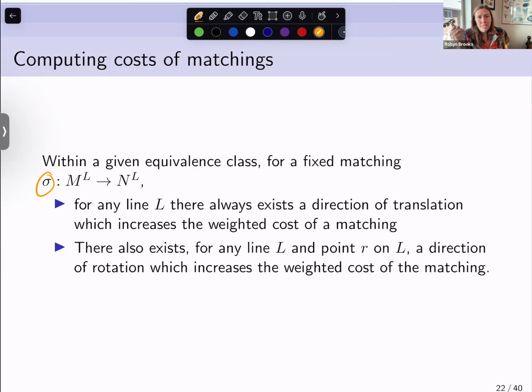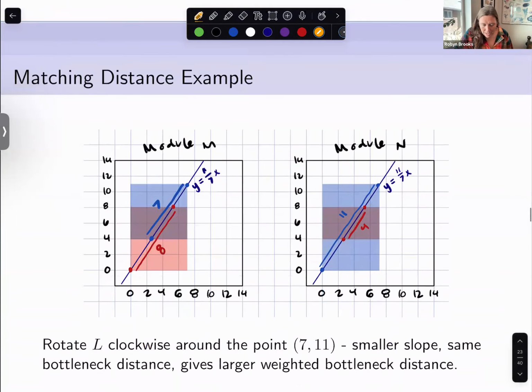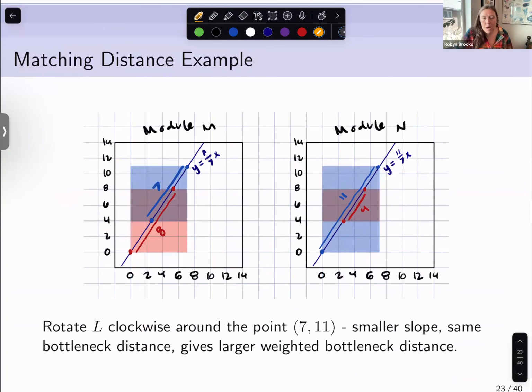But what that means is that we can translate or rotate a line within an equivalence class until that line hits a critical value without decreasing the cost of that fixed matching. So that indicates that lines through critical values are local maxima with respect to the cost of a fixed matching.